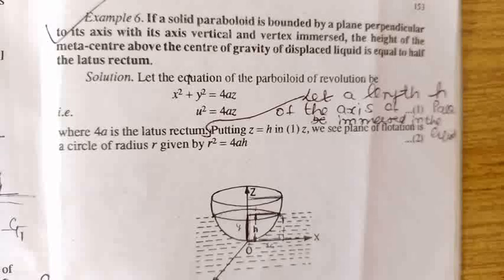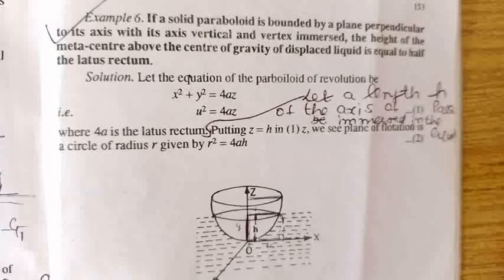For example, a solid right circular cylinder can be obtained by revolving a rectangle. Here, the solid of revolution is a paraboloid, and a paraboloid is obtained by rotating a parabola around its axis of symmetry.